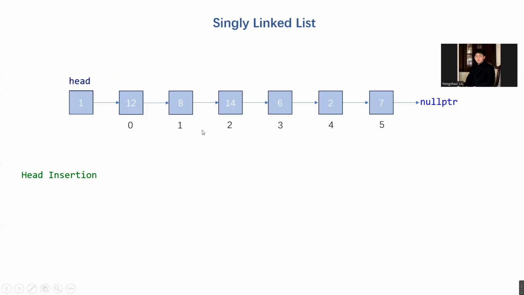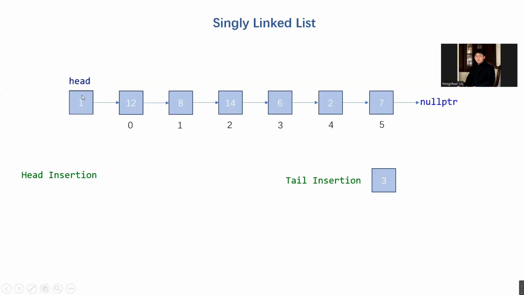If we want to insert into the tail, we also need to create a new one. And then we need to traverse from the first element to the end element. You cannot just directly access the last one. You need to traverse and check whether it's the last one, right?